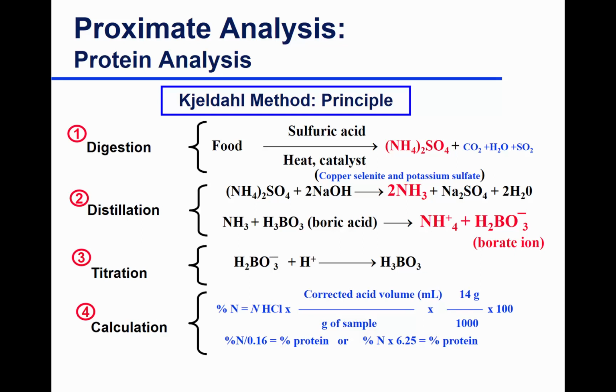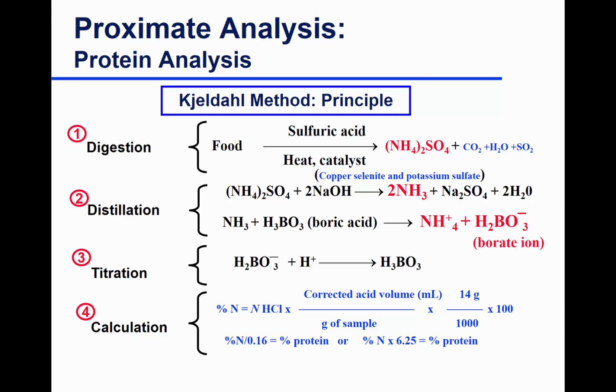The sulfuric acid is about 98%, so it's really concentrated, so it's going to burn and digest your sample. As soon as you put your food with the concentrated H2SO4, it's going to start turning black, burning, and then when you put it on a heating block, it starts fuming. So what comes out are vapors. These vapors are CO2, H2O, and SO2.